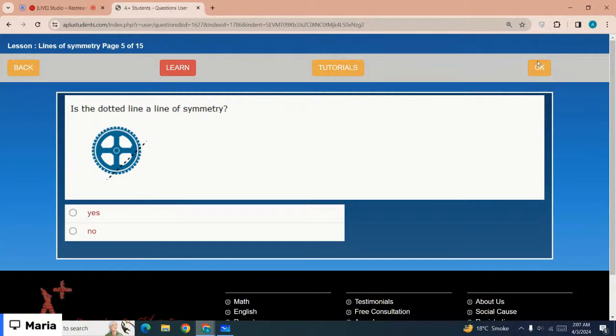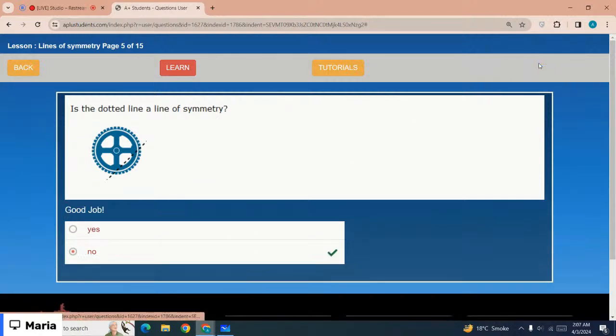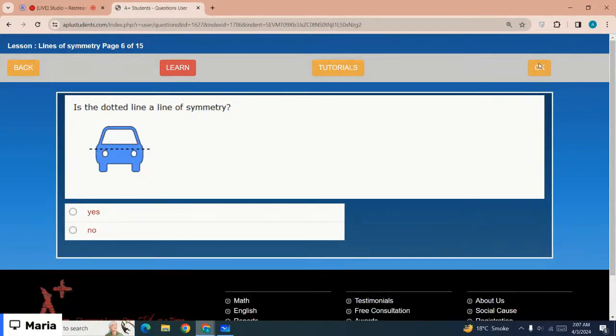The correct option is no. Is the dotted line a line of symmetry? The correct option is no. Not a line of symmetry. The correct option is no.